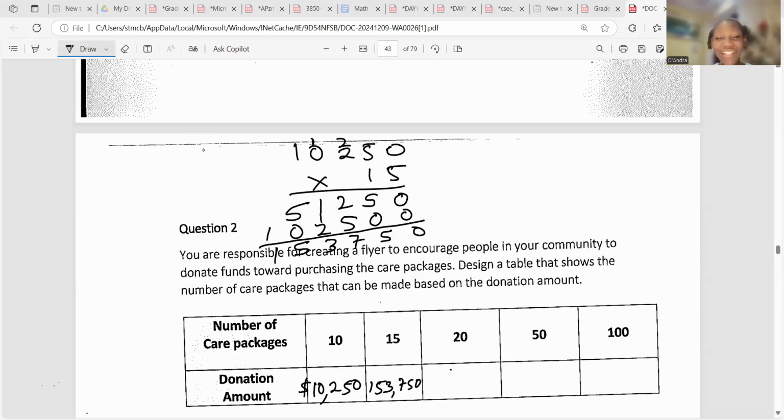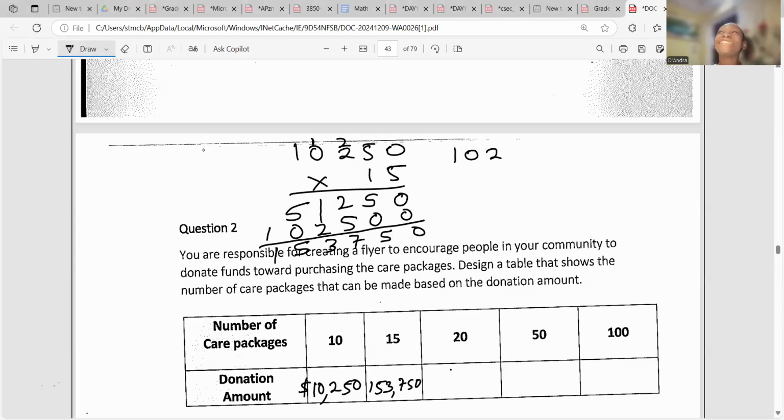So, sir, you're going to put back the 10,250. But this time you're going to multiply it by the 20. So 0 times everything is 0. 2 times 0 is 0.